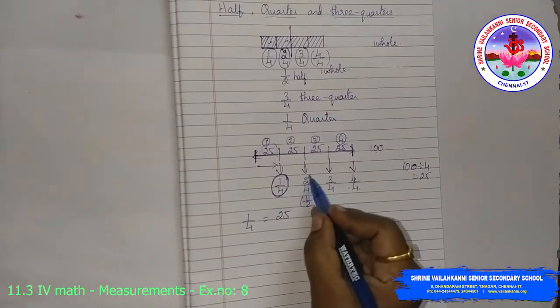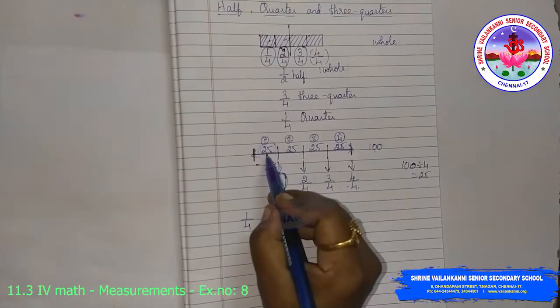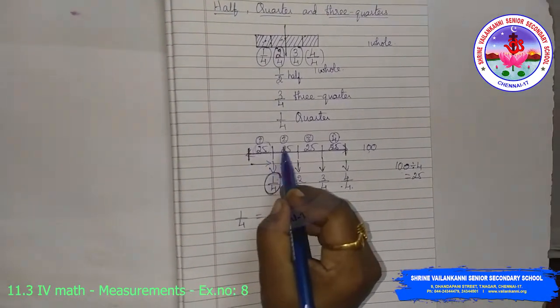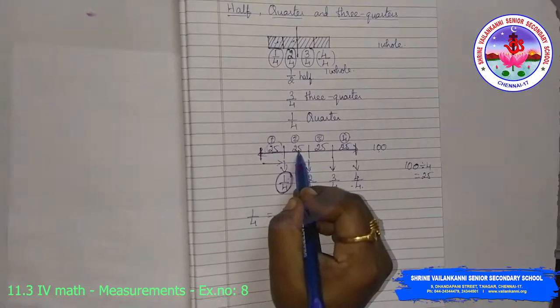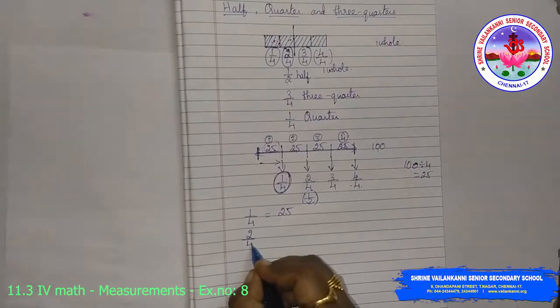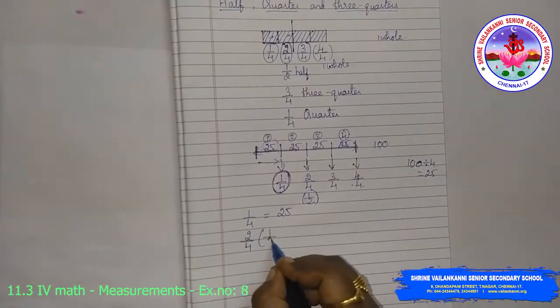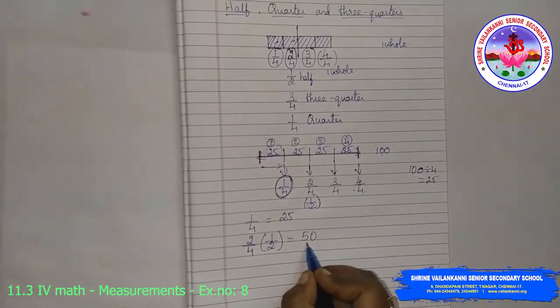Now comes 2/4, which is equal to half. Here the first part is 25, the second part also has 25. So 25 plus 25, you will get 50. So 2/4, or also called 1/2, has the value 50.